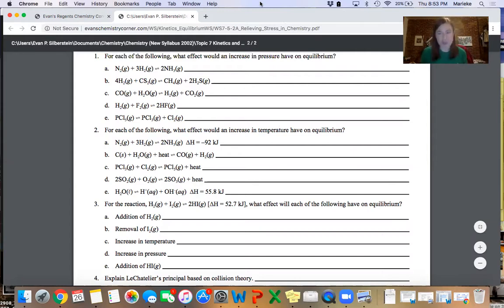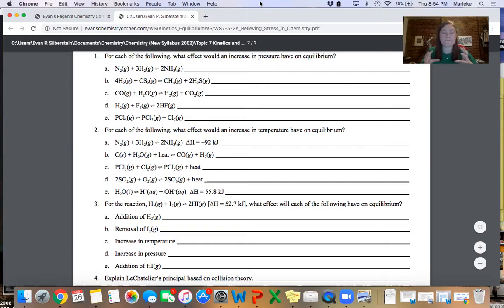When you increase the pressure, the equilibrium always shifts to try to relieve that increase in pressure. If you have a reaction that has gases in it and you increase the pressure, you're kind of squashing the gases together, and the system is going to shift to alleviate that pressure.